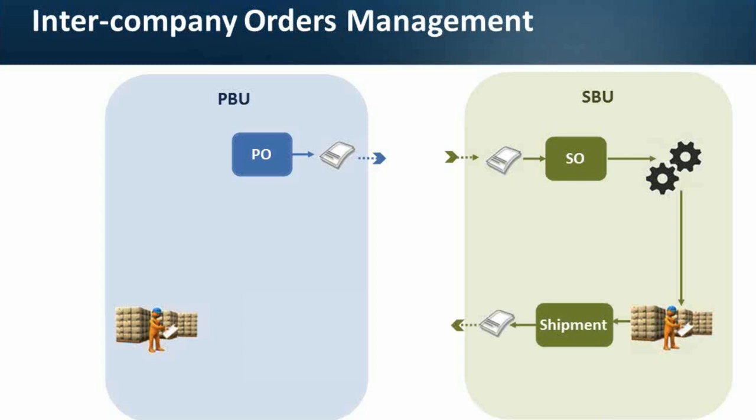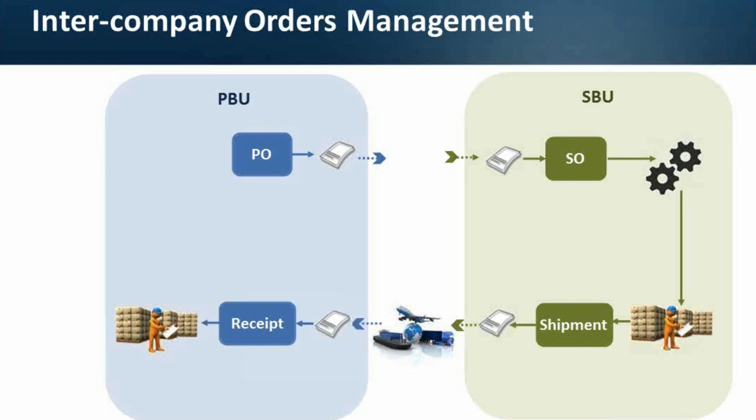Depending on the distance between the two business units, different transportation lead time is involved. SBU notifies PBU about shipment, but until products physically arrive at the PBU warehouse, they do not usually update PBU inventory. Once shipment is received, a PO receipt transaction is created, and inventory balances are updated.